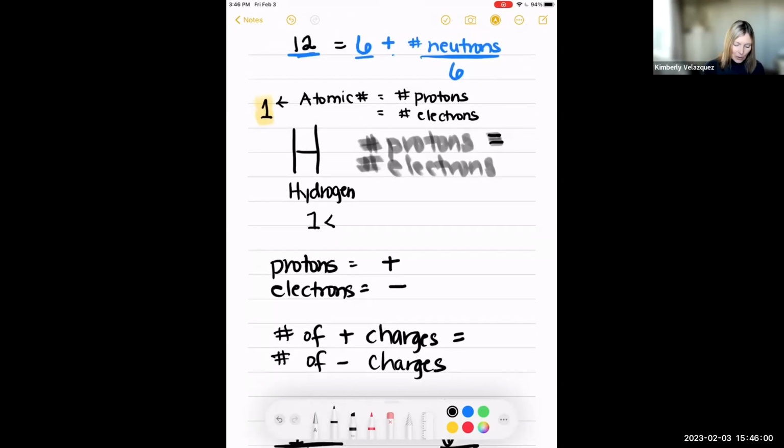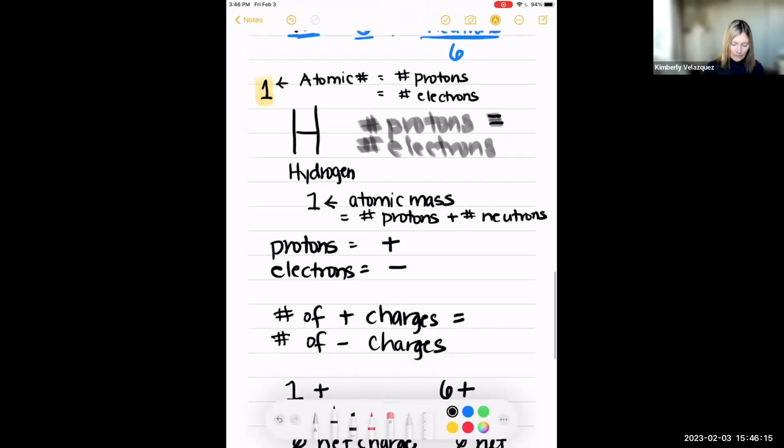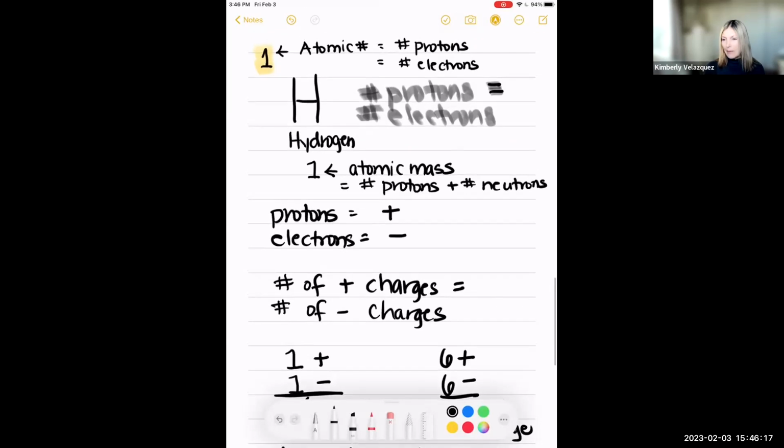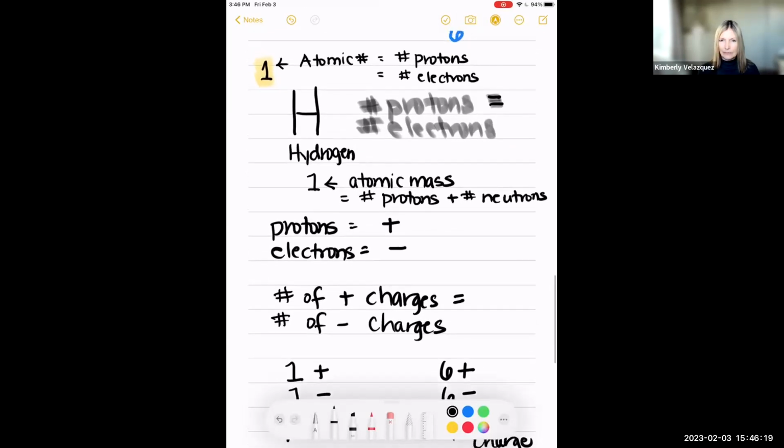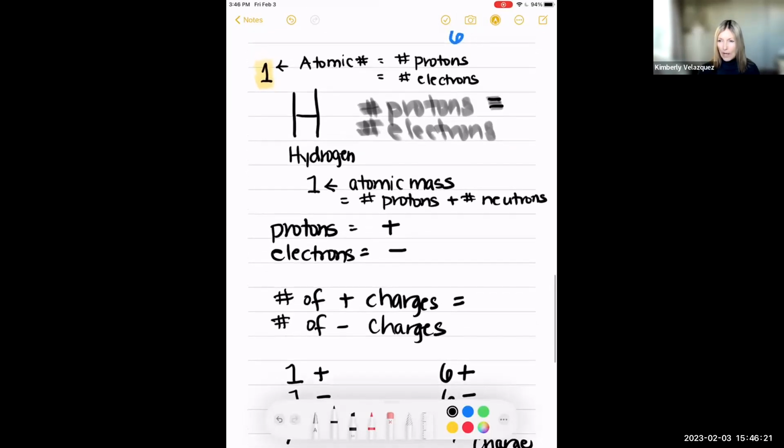Hydrogen has an atomic weight or mass of 1. And remember that equals the number of protons plus the number of neutrons. So hydrogen has how many protons? 1.